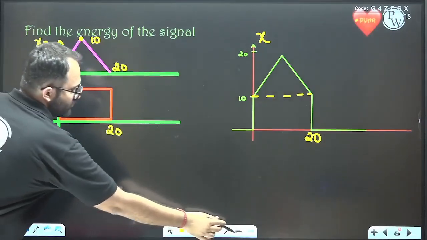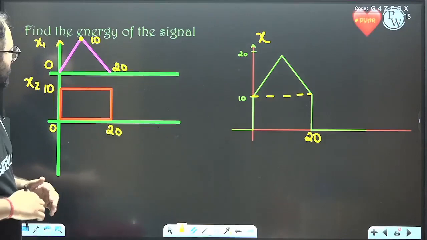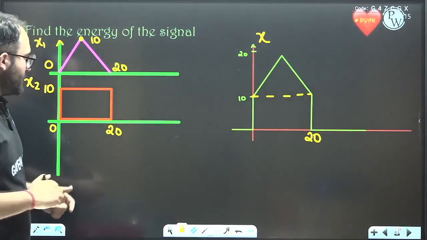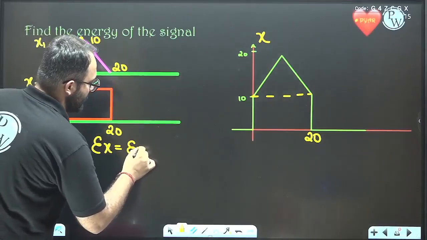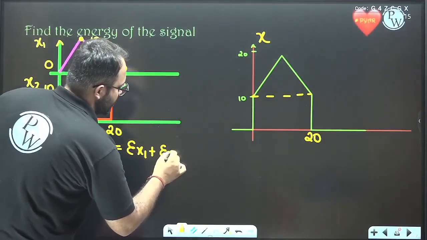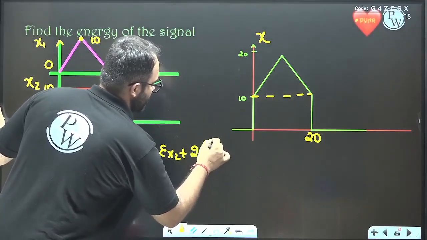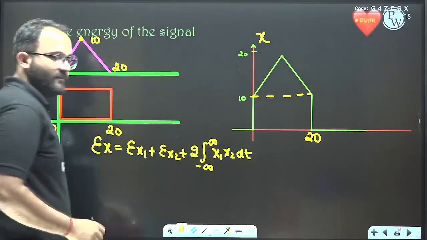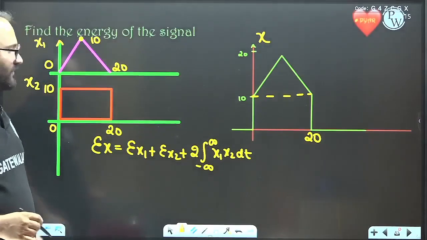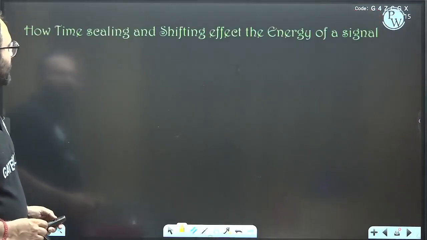So the energy of x is equal to the energy of x1 plus the energy of x2 plus 2 times the integral from minus infinity to infinity of x1 x2. Now let us multiply these two, x1 and x2.